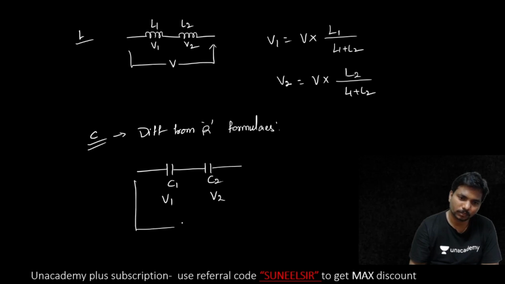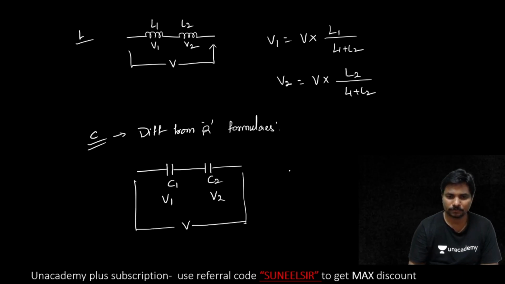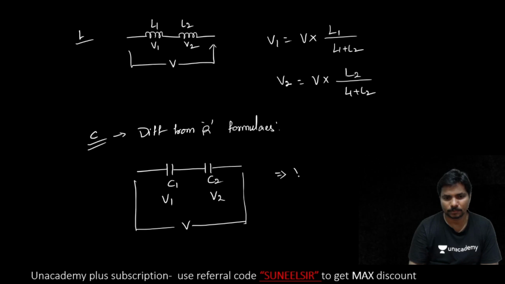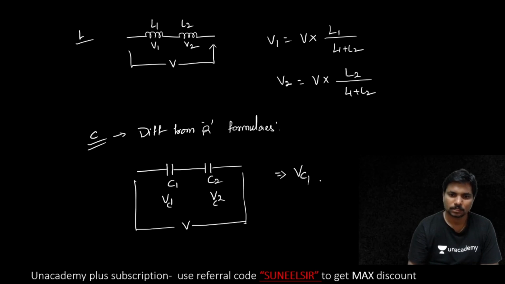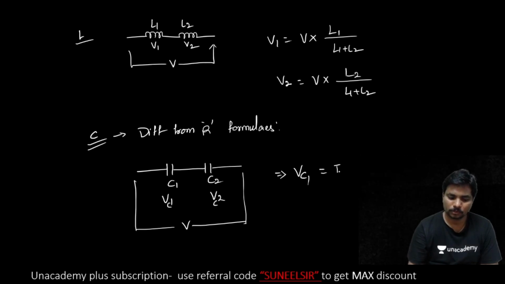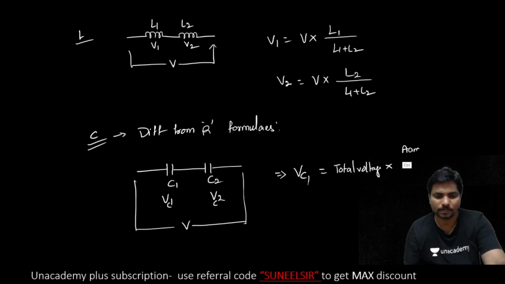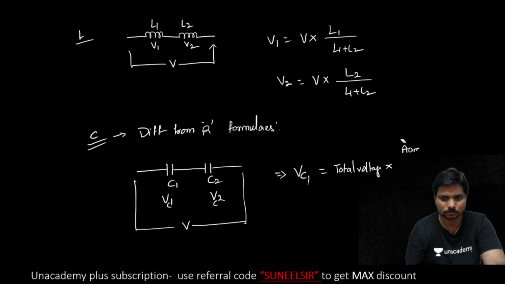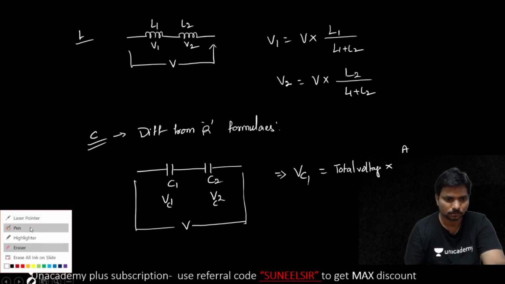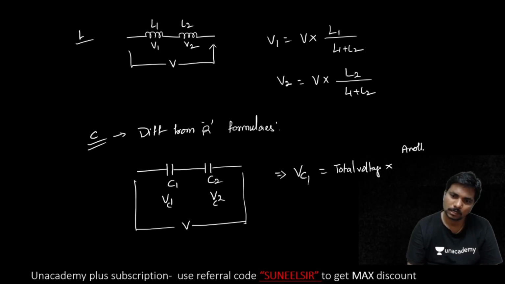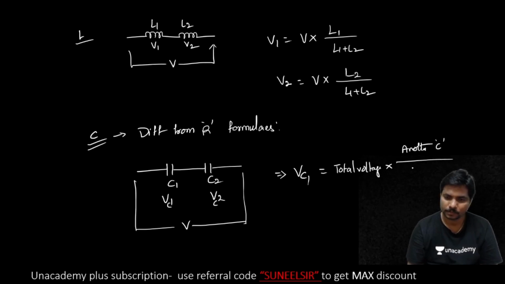If you apply the total voltage V, then the voltage across C1, VC1, is equal to the total voltage V into the other capacitor value by the sum of capacitances.